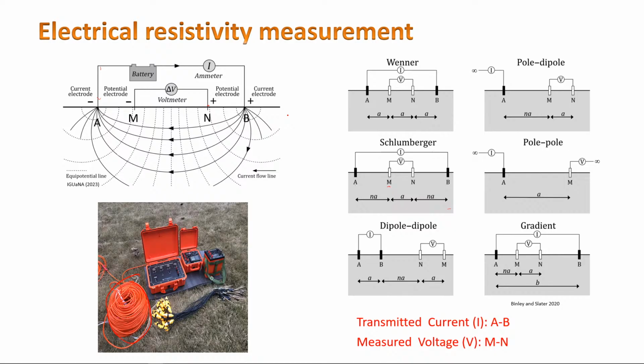So you lay these 48, and then your instrument can tell you, depending on the purpose of the analysis, how deep or how shallow it is, the type of materials that you are expecting in your subsurface, you can select which of these electrode configurations the instrument will use.